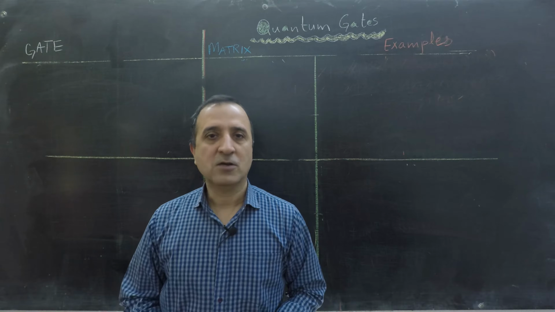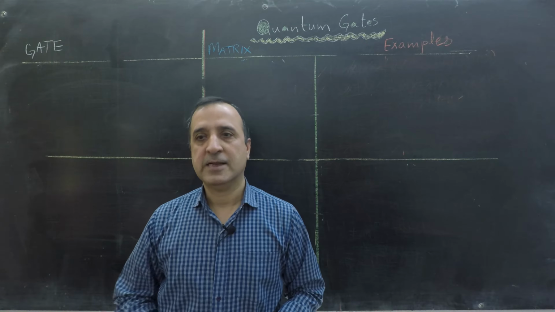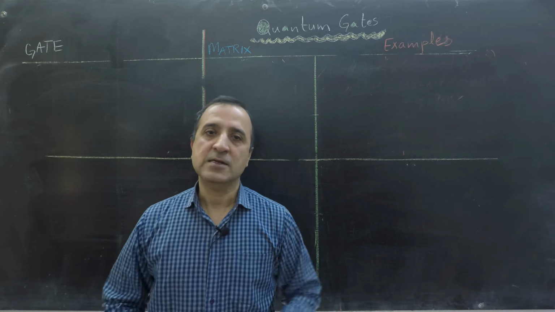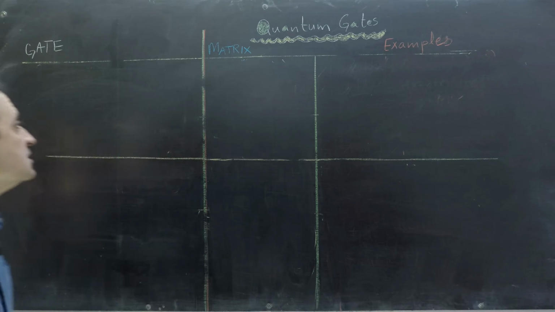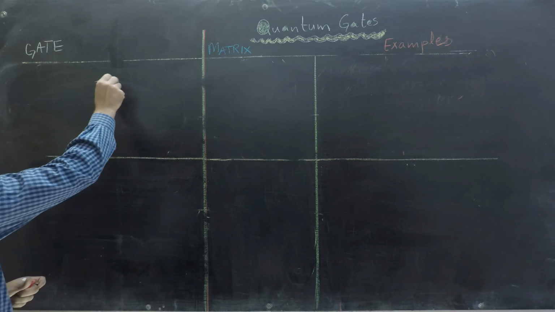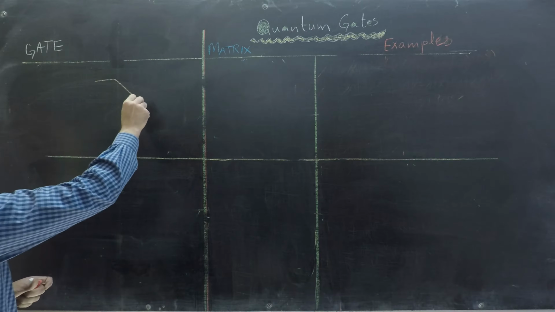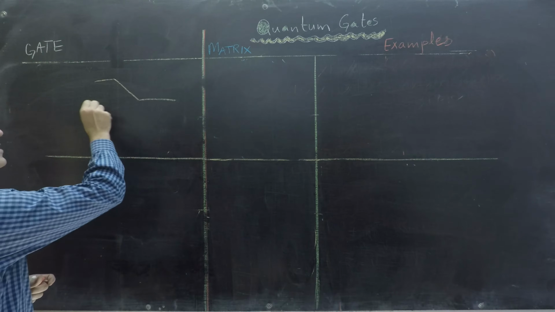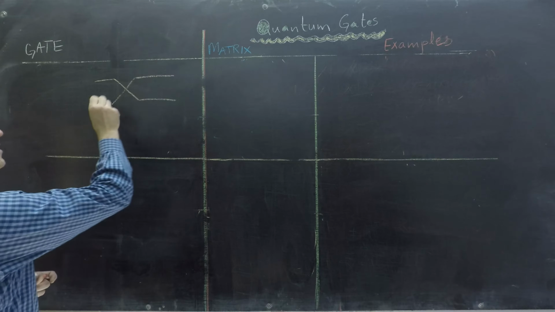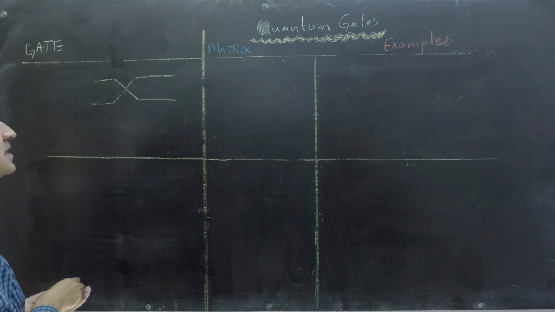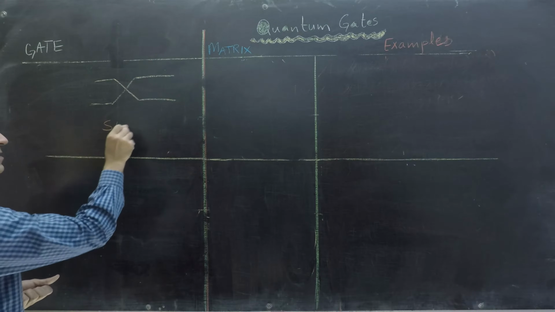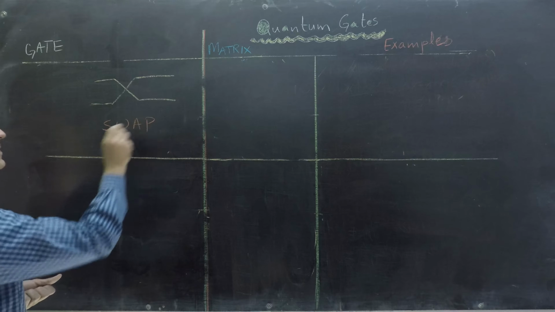Now let's look at a swap gate that takes 2 inputs and then swaps them at the output. So this is my swap gate. It takes 2 inputs and then it swaps those inputs.